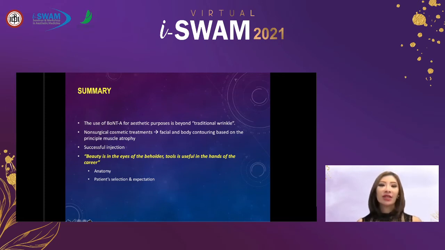And we have to understand the anatomy if we want successful injections. And once again, beauty is in the eyes of the beholder, and whatever tools we have in hand depend on our knowledge about the tools that we are holding.